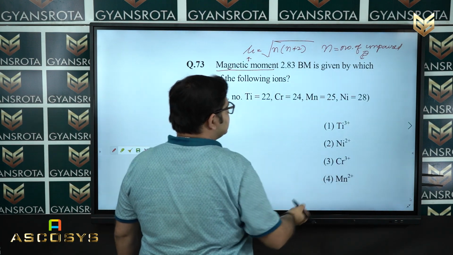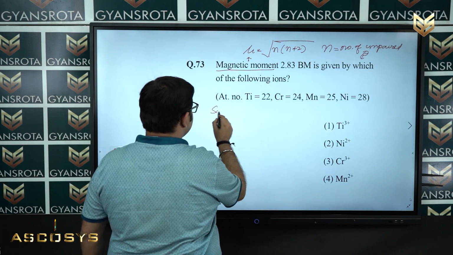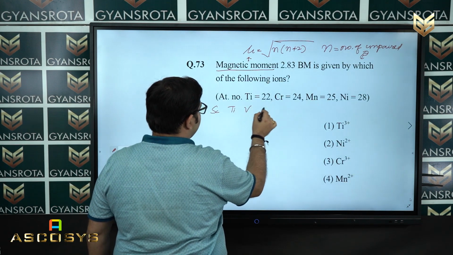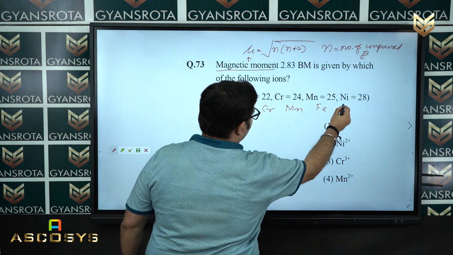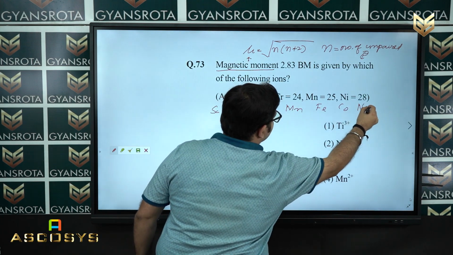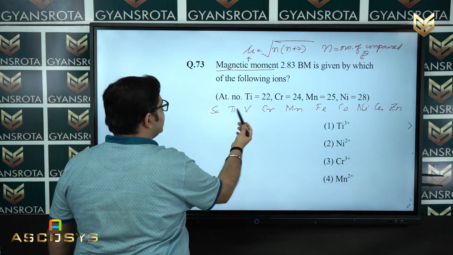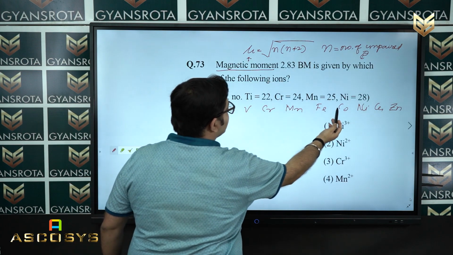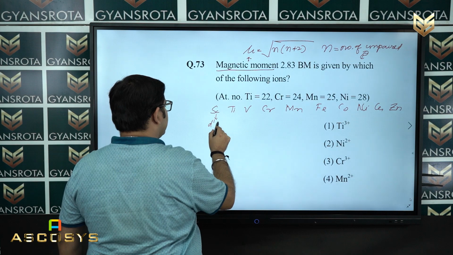So, let us see what elements are given. Sc, Ti, V, Cr, Mn, Fe, Co, Ni, Cu, Zn. Again I am repeating, Sc, Ti, V, Cr, Mn, Fe, Co, Ni, Cu, Zn. So, for this one it is d1 s2.